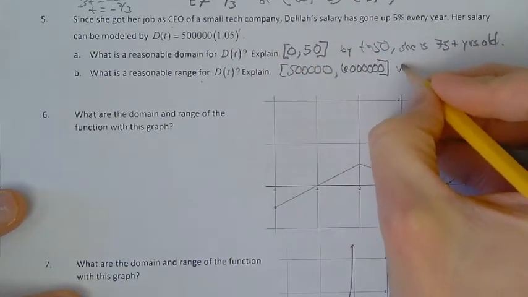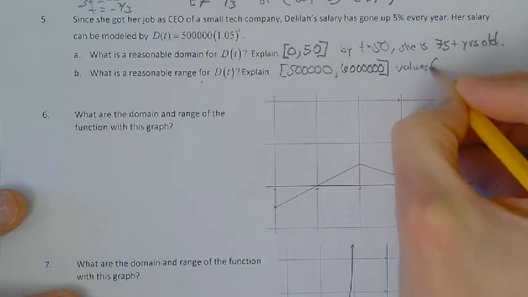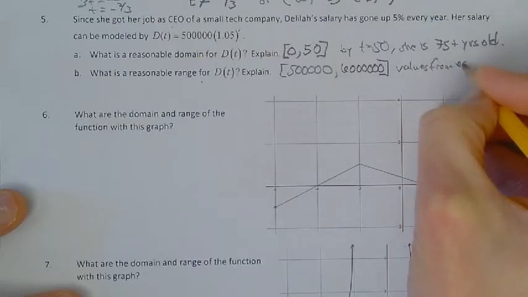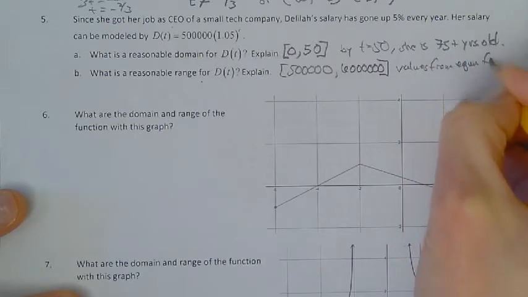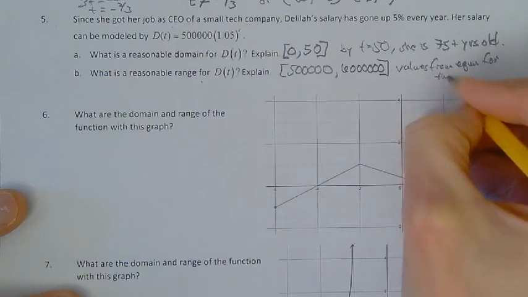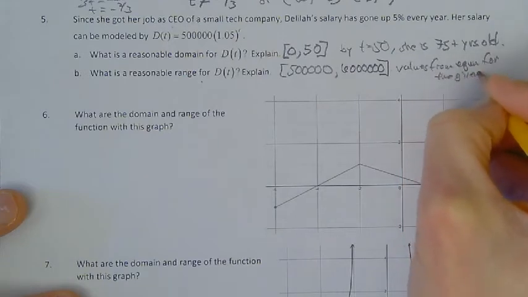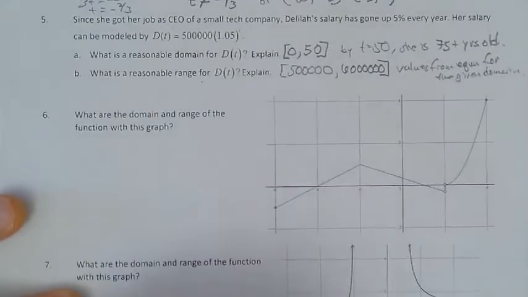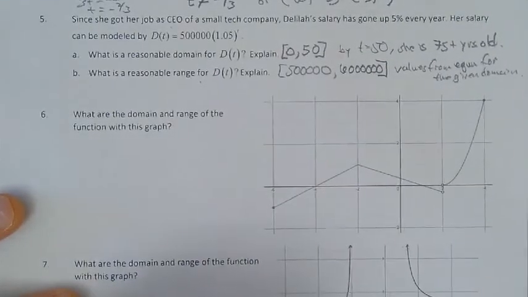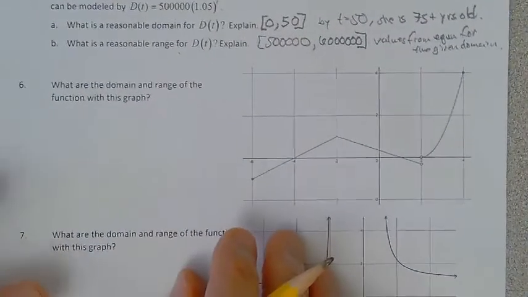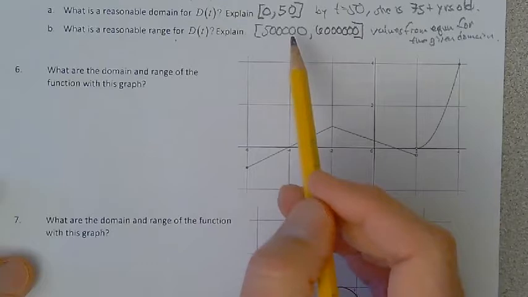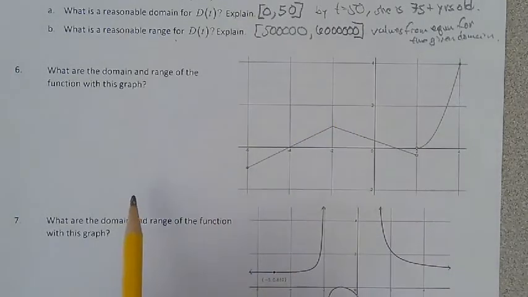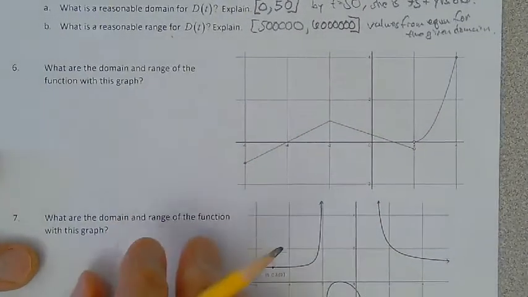These are the values from the equation for the given domain, or the reasonable domain that we assumed there. These are certainly not exact. These are implied by the problem, and those are reasonable numbers to use.